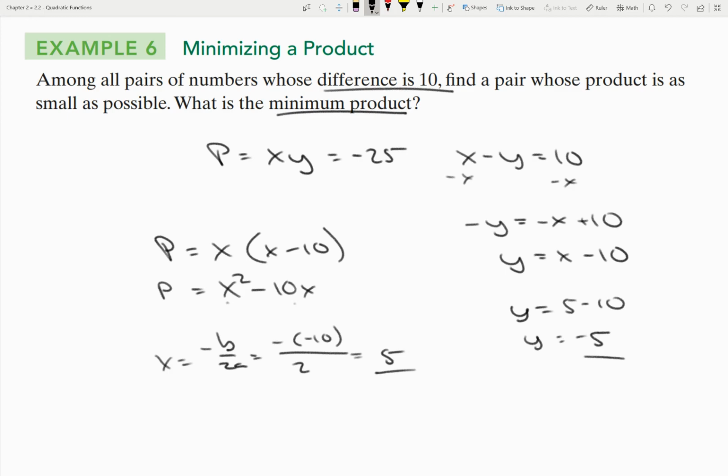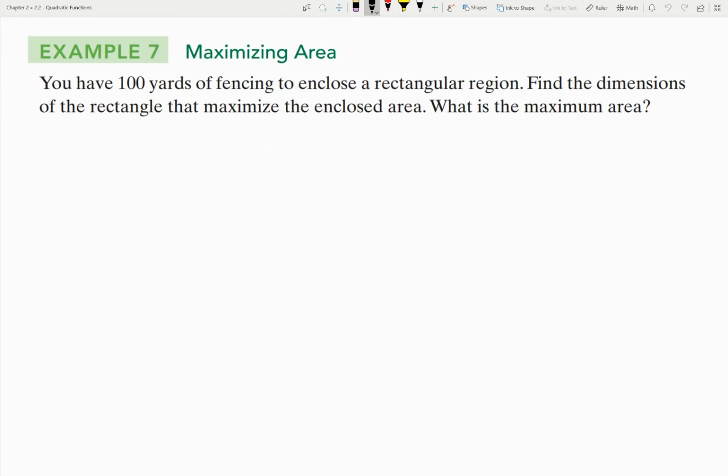Let's do an area problem. You have 100 yards of fencing to enclose a rectangular region. Find the dimensions of the rectangle to maximize the enclosed area. So here's your rectangular region. What's going to be maximized? The area.